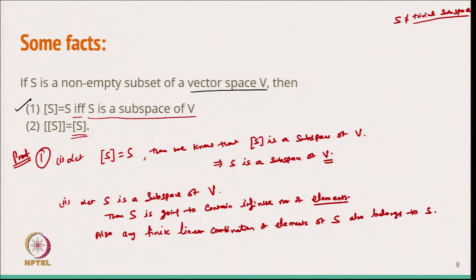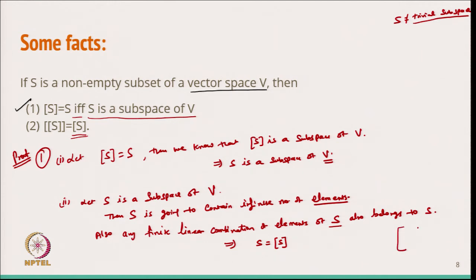Because S is a subspace. So, if I choose any linear combination of the elements of S, that will also be contained in S, because that is a subspace, which implies that the span of S is equal to S.